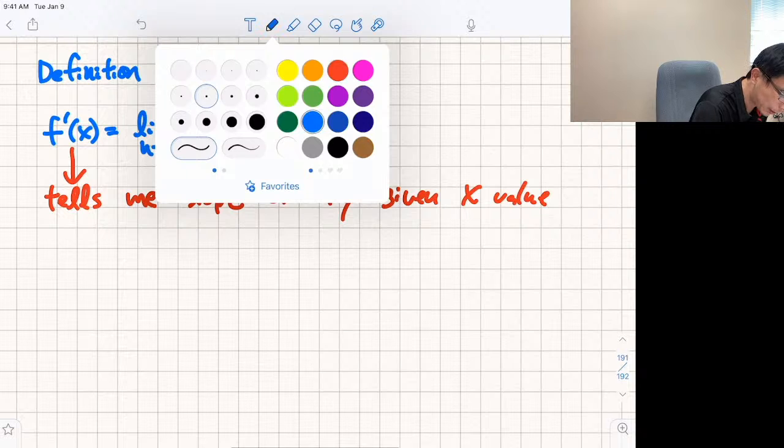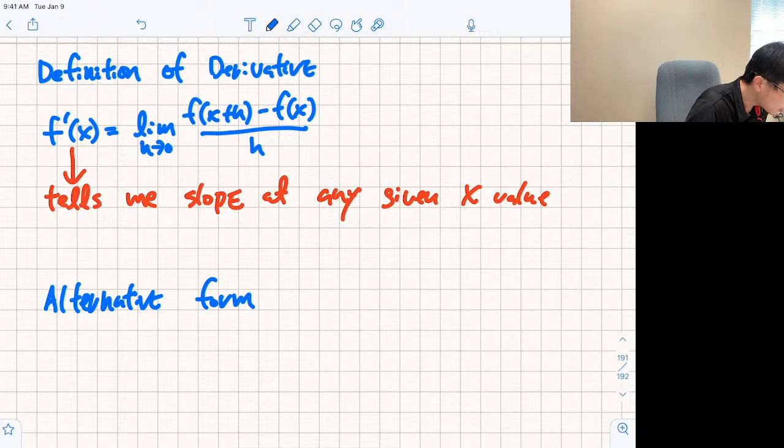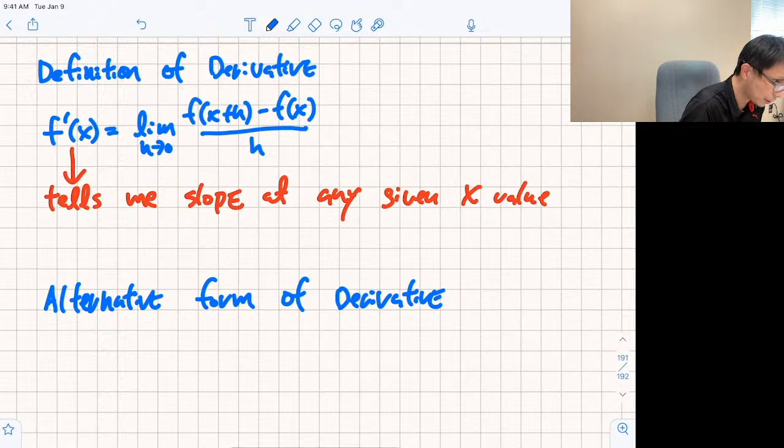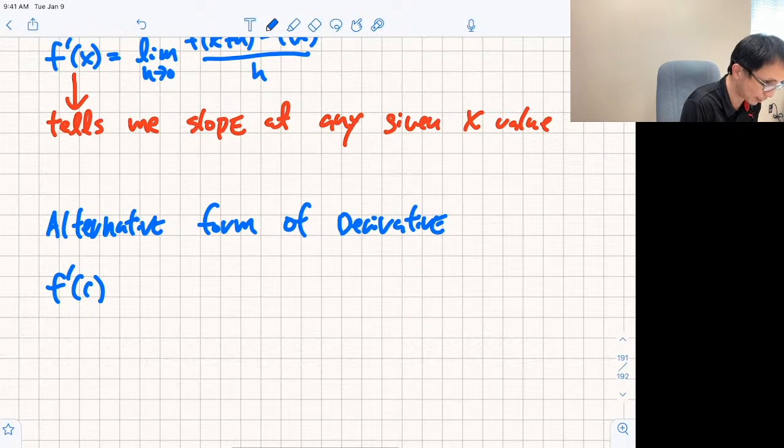Now, today we're going to learn the alternative form of derivative. This one is like a weaker version of the definition of derivative because you can only tell the slope at one value. The only difference is f prime of c, so instead of x, it's going to be c.